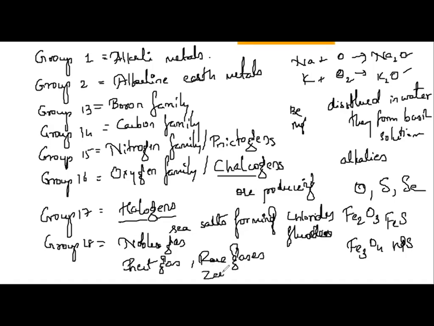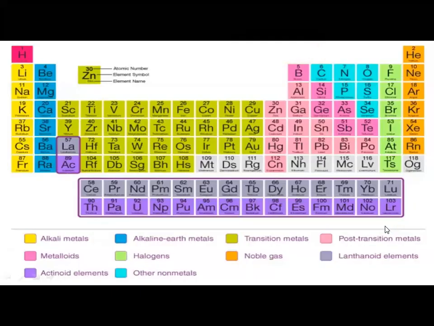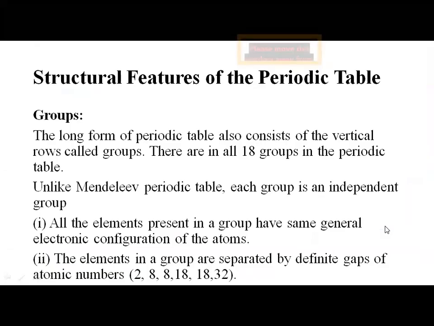Or zero group elements, because Mendeleev placed them into a group called zero. You will get to know why zero also. So these are the names of different groups. And what is the special characteristic of a group? Groups means what? The 18 vertical columns in the periodic table are called groups.